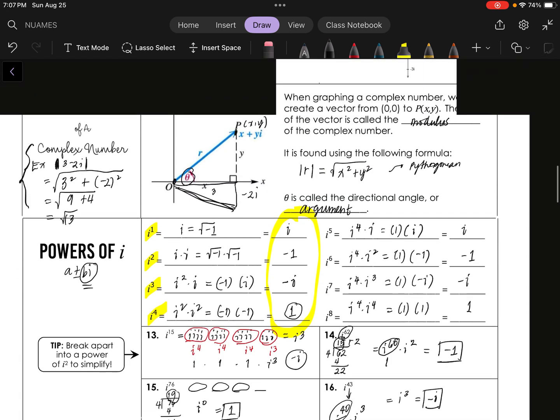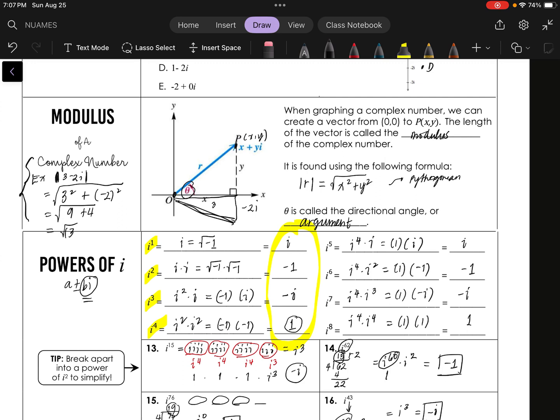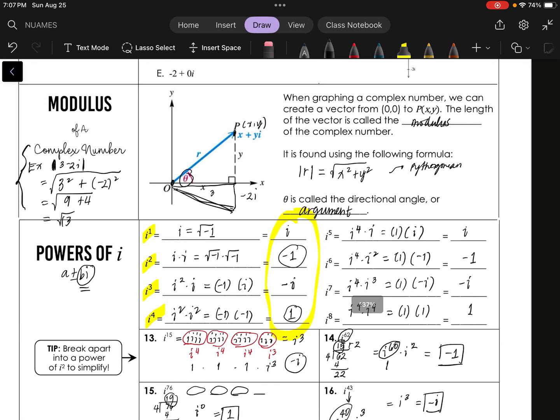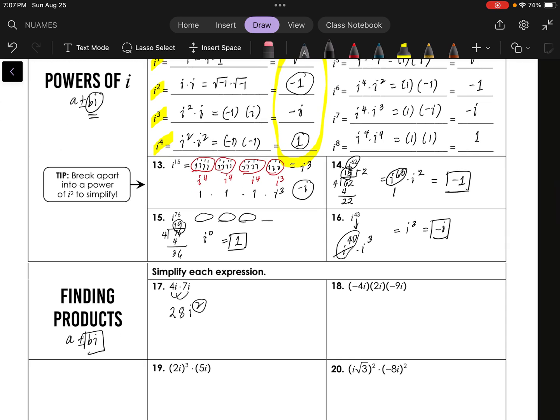Going back to your concept, i squared gives you a value of -1, right? So it gives you the simplest form of 28 times -1, which gives you a final answer of -28. Again, always remember, you do not stop until your values are in the form a plus or minus bi.